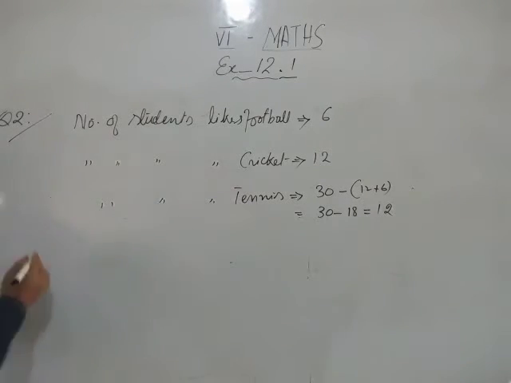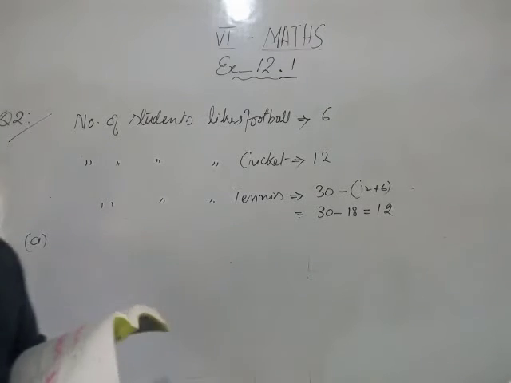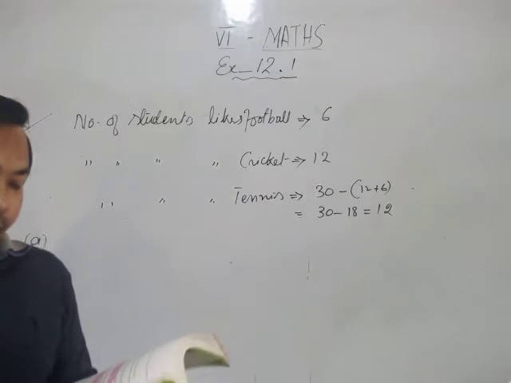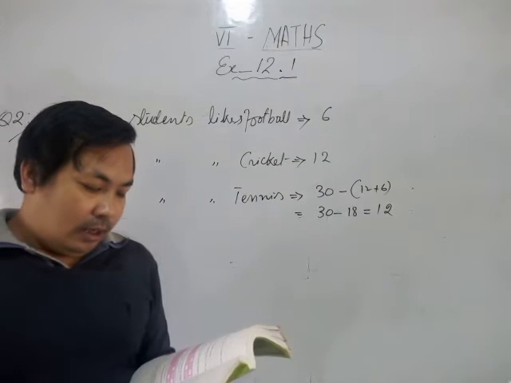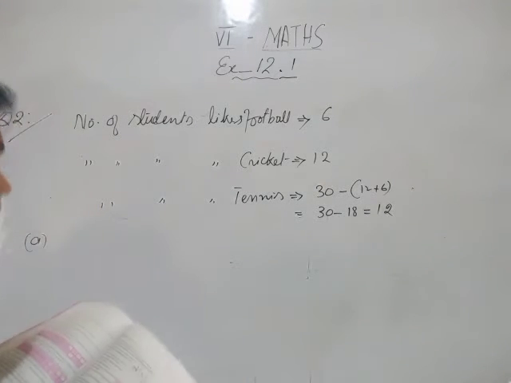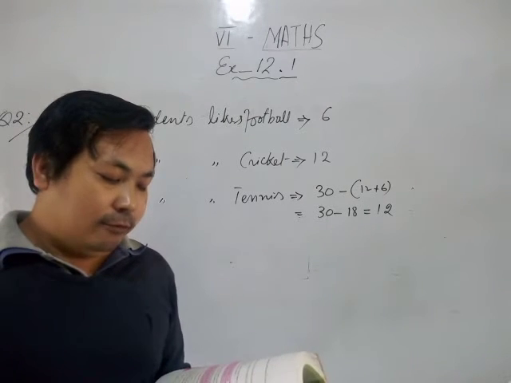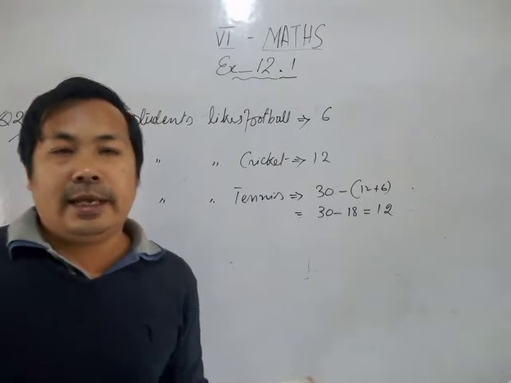So part A is asking like this: the number of students who like football to the number of students who like tennis. It means we have to take the ratio of the number of students who like football to the number of students who like tennis.